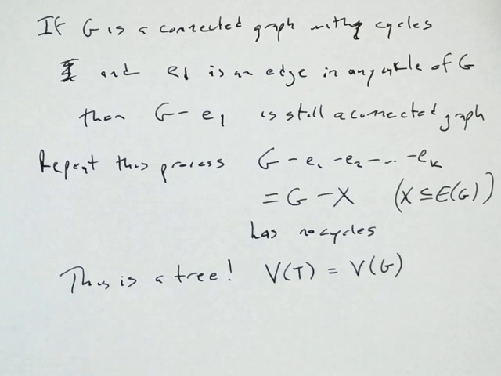We touch all the same places. We don't have any cycles. We stay connected. We still span the same set of vertices. I'm going to call this a spanning tree.